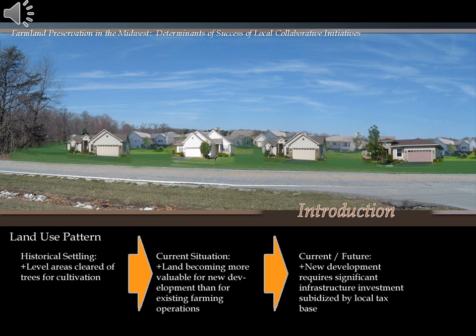And in fact, studies have shown that for average residential development, and this basically means any homes under about $400,000, the local community actually subsidizes that, and so the amount spent on services is about $1.25 for every dollar of property tax collected from residential development. And so again, a big issue for rural communities that are already budget strapped.